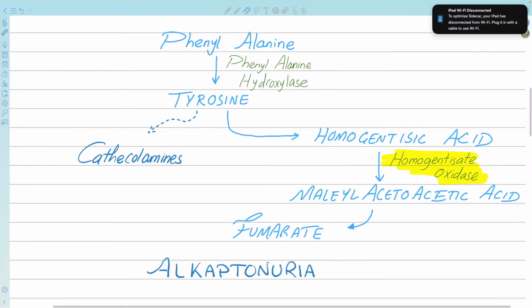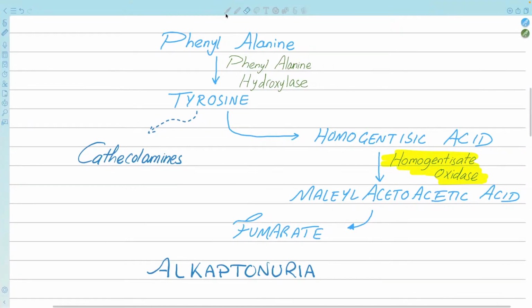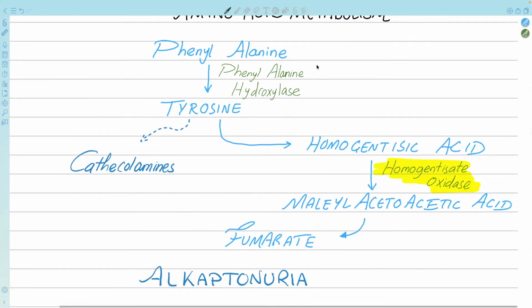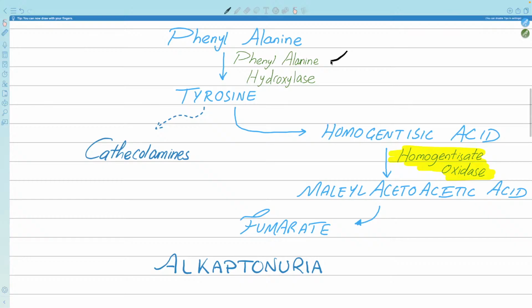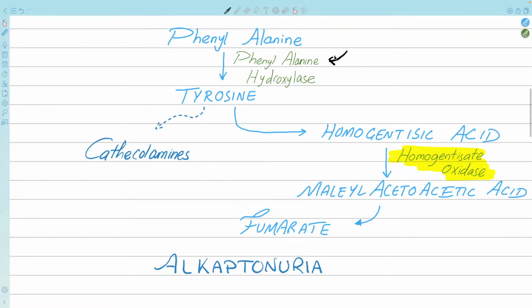Yeah, this is good, this is nice. So if you have a problem here, I can't draw. Okay, there we go. If you have a problem here, with phenylalanine hydroxylase, you have PKU.